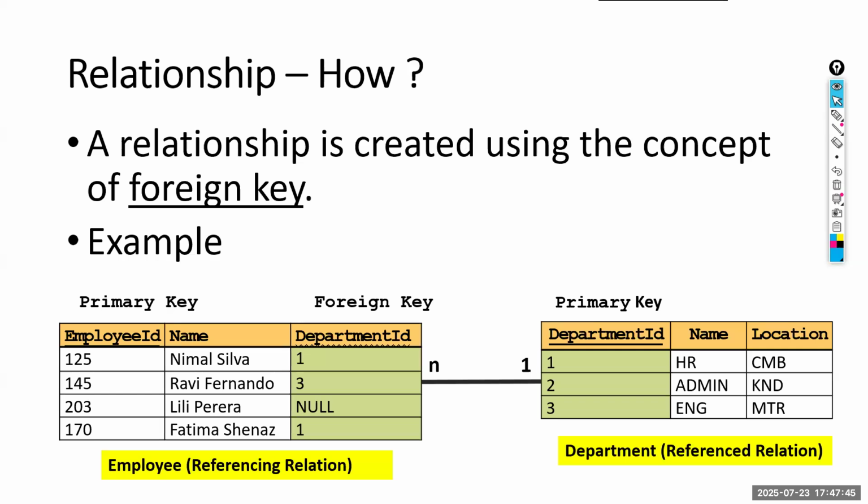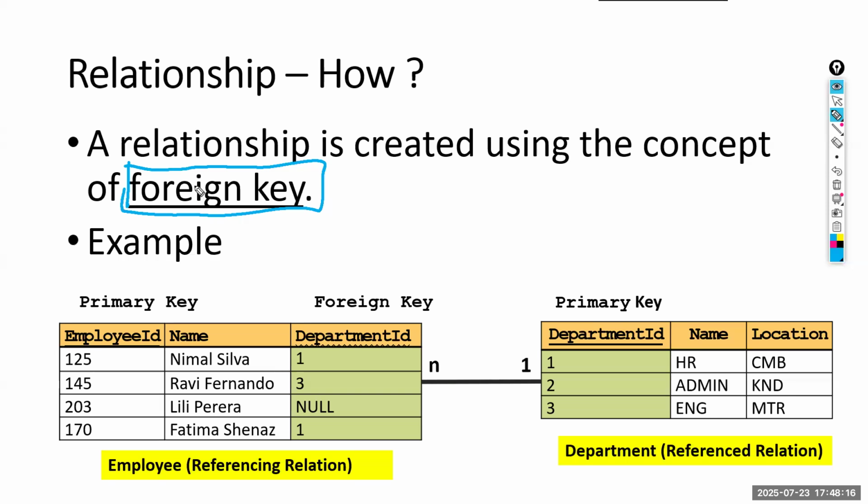So we create relationships with the help of the concept of foreign key. So the simple answer is: we create relationships in relational databases using foreign keys. Simple as that. That is the short answer, right? If someone asks how to identify a record uniquely in a table, use primary key.